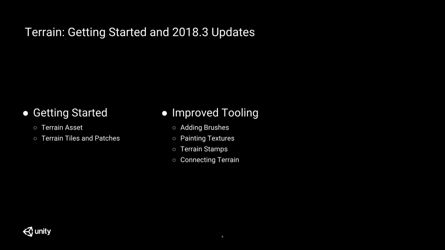If you've not used the Unity terrain system before, we're going to be looking at the brushes, the palettes, and how you can get started with molding and painting the terrain. For those of you that have used it before, you may see these new things here, like connecting terrain and also the terrain stamps. And then finally, we're going to have a little look at the performance, and how everything has changed to GPU instancing, which is super cool.